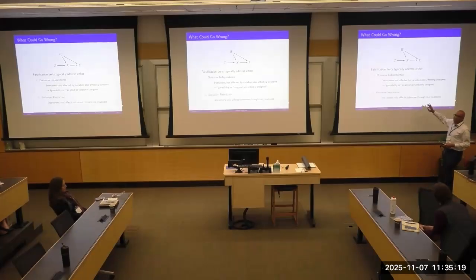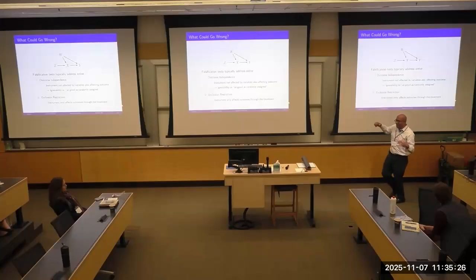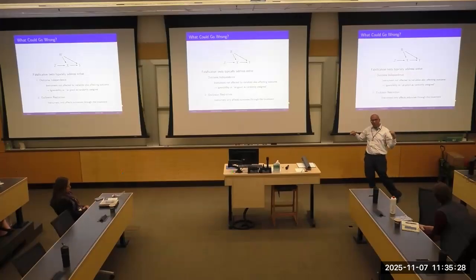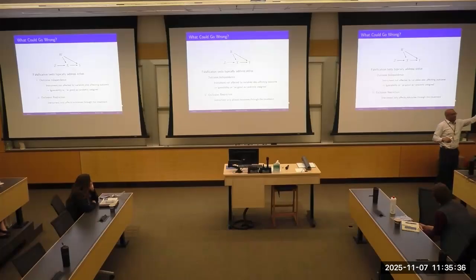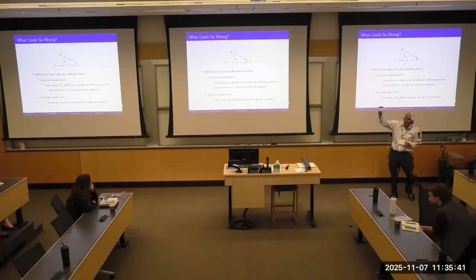The second thing is the exclusion restriction. So you think of the first one, outcome independence: there's some unobserved variable that is impacting Z and also impacting the outcome. Whereas you could think of the exclusion restriction as Z not just affecting X, but affecting some other variable as well, and that in turn is also affecting the outcome.